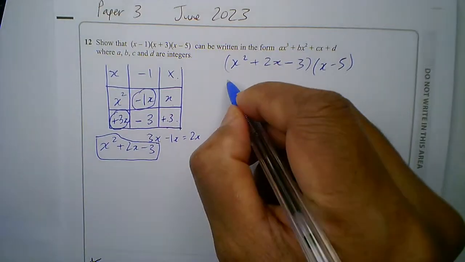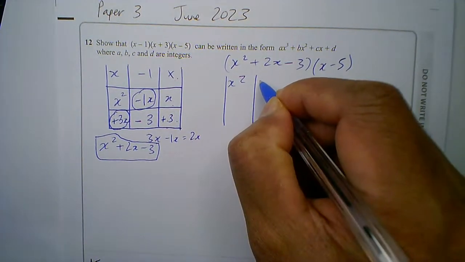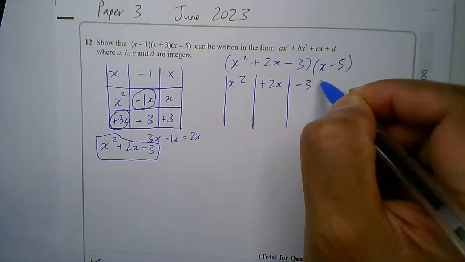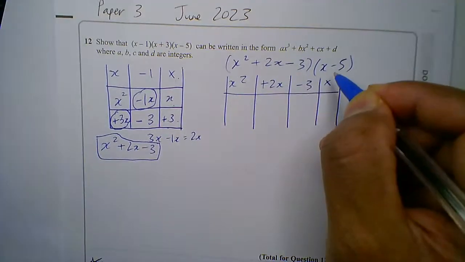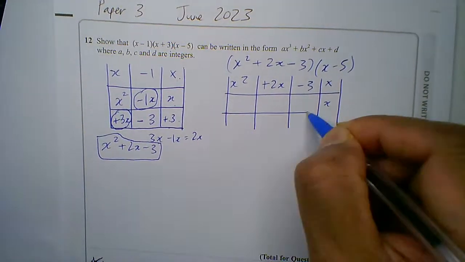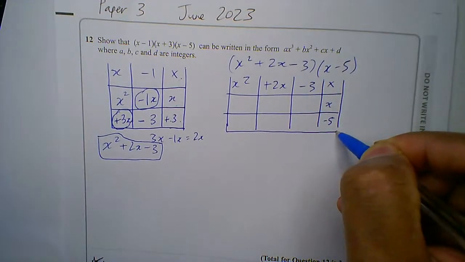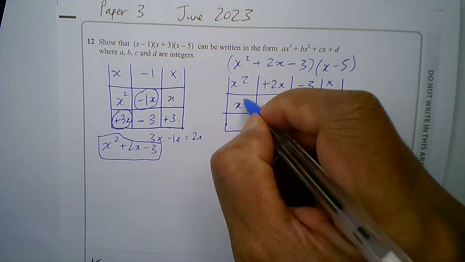And so now I'm going to write this out. X squared plus 2x minus 3 times x minus 5. X times x squared is x cubed.